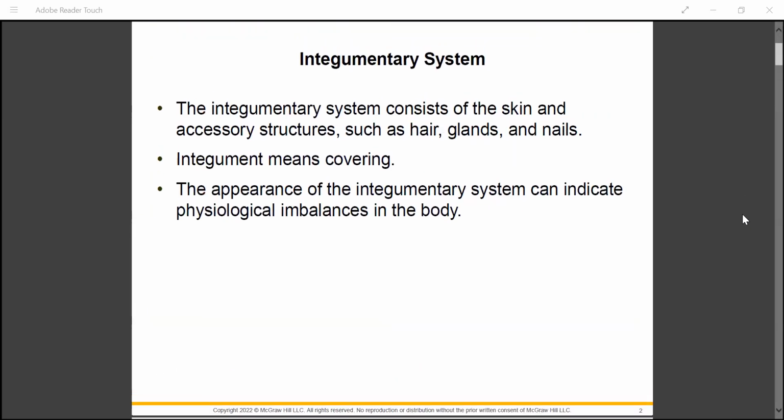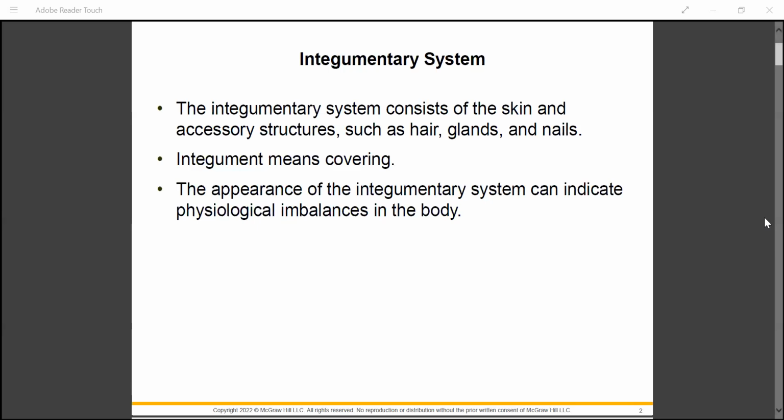So our integumentary system is our skin and also the accessory structures. These accessory structures include our hair, our glands, and our nails. Besides the functions that the integumentary system does, in a clinical sense, the appearance of our integumentary system or our skin can also indicate physiological imbalances in the body.